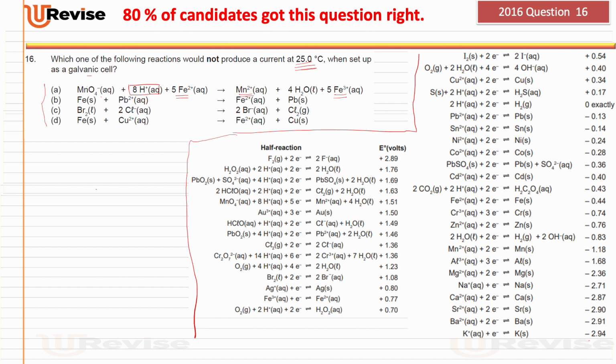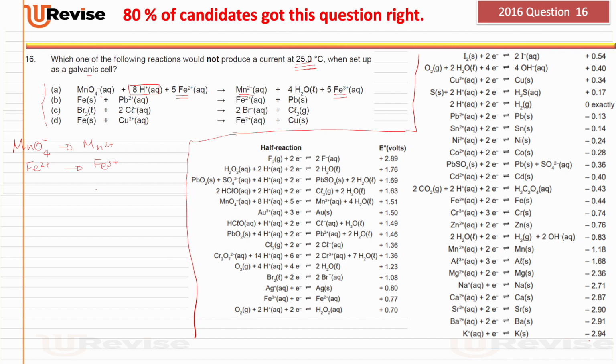So I've got two half equations there. The first one is permanganate ion going to Mn2 plus, and I've got another one where iron 2 goes to iron 3. So this one is my oxidation process, and oxidation takes place at the anode.